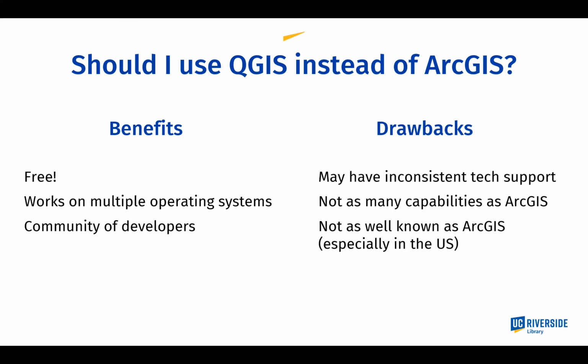Another thing about QGIS, it doesn't have quite as many capabilities as ArcGIS. Now, it does keep up pretty well. There may be a lag in what it can do as far as comparing to ArcGIS, but they do add functionality over time. And those plugins are a big reason why, and we'll talk about that later. And then the third thing, especially in the United States, is that it's just not as well known as ArcGIS.